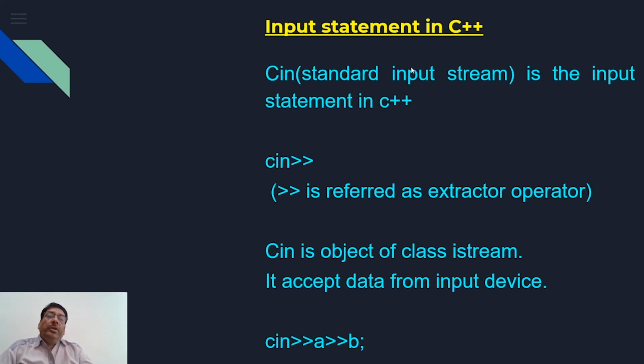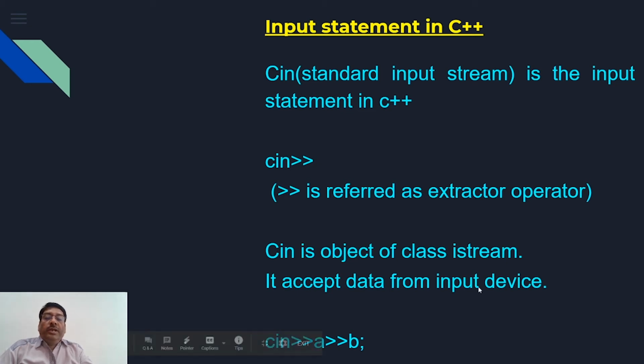Similarly, in order to accept data from your input device like your keyboard, you can make use of an input statement in C++ with the help of an operator called the extractor. When you say less than, it is the inserter, and when you say greater than, it is called the extractor operator. Cin, the standard input stream, is the input statement in C++, and it is an object of the istream class.